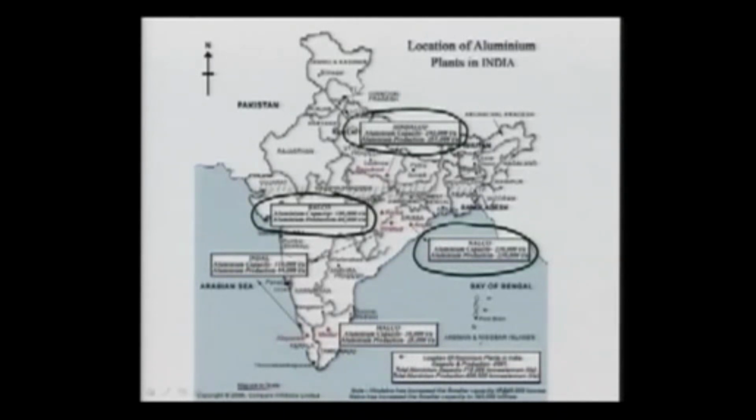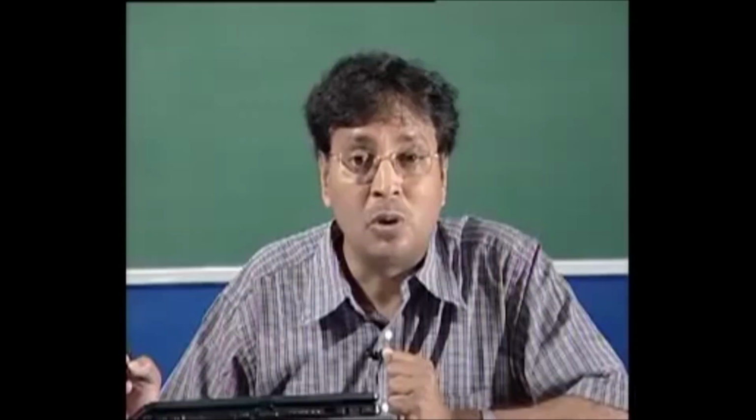Then we have the other plants under the name Indal, as you see here. Part of it is in Hirakud, another unit is in Alupuram in Kerala, and there is also a small plant, the Madras Aluminium Company, in Tamil Nadu. But India by and large is self-sufficient in aluminium production. In fact, we also export part of the alumina to different countries.